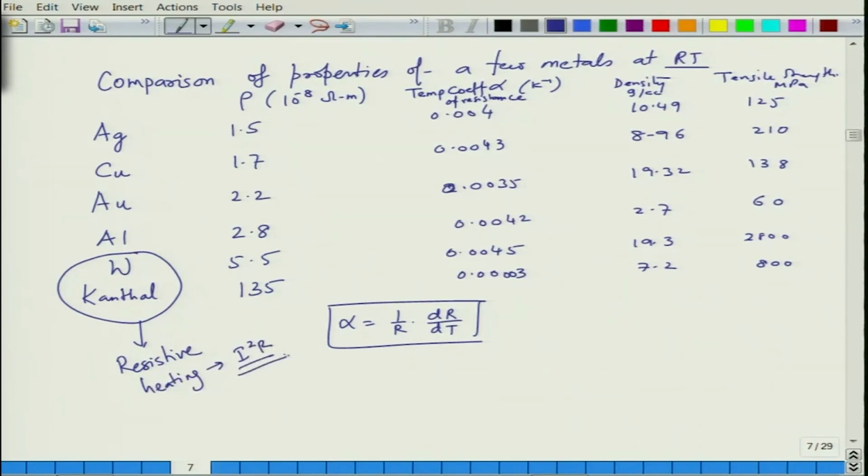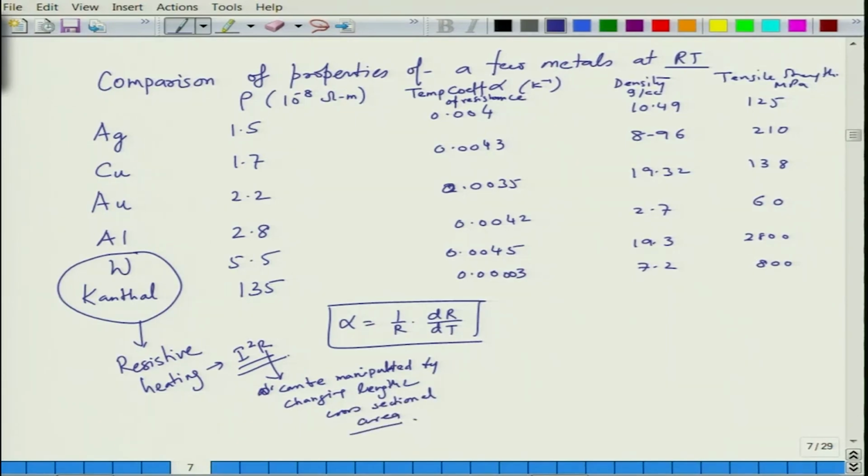That is why copper and aluminum will not lead to too many losses, but tungsten and canthal will lead to heating. You can also manipulate the resistance by changing the length and cross sectional area.